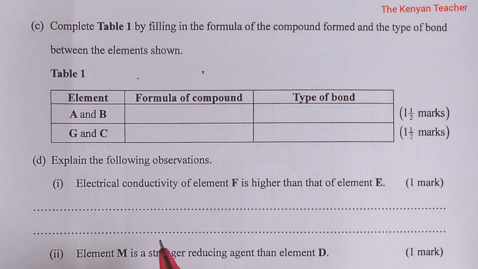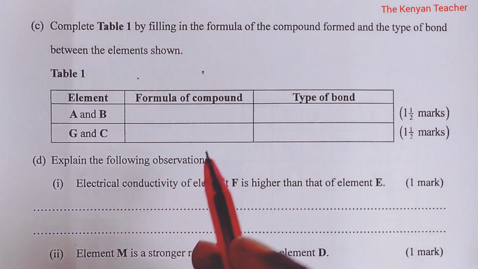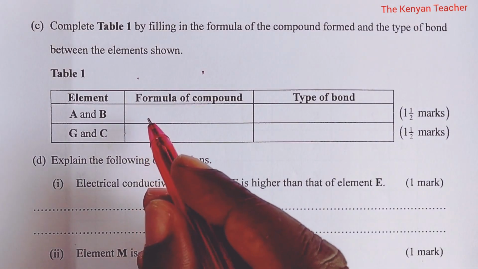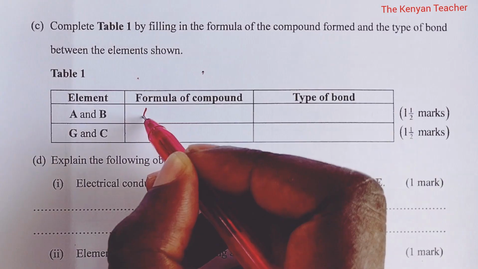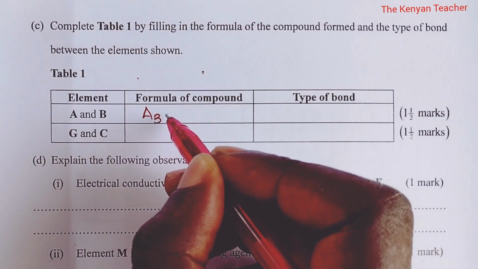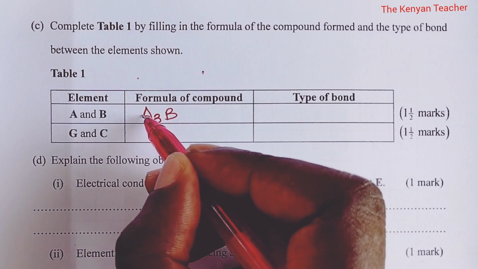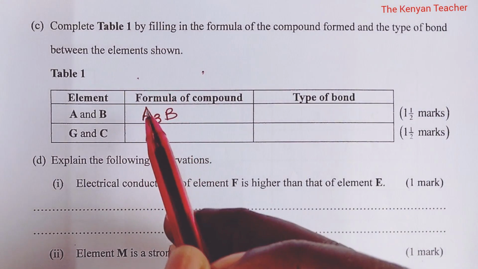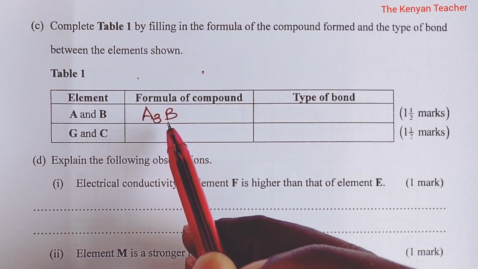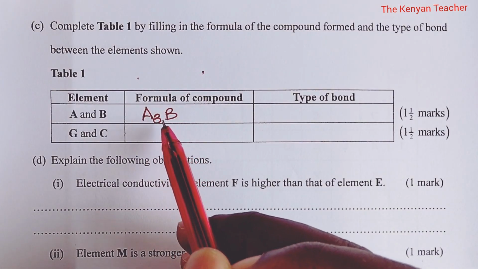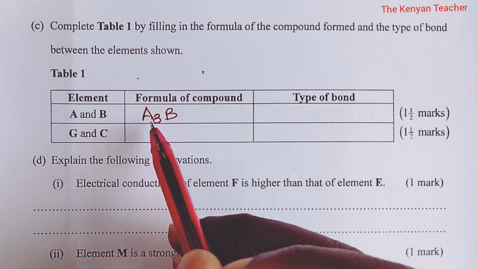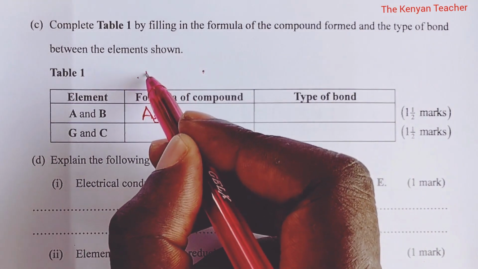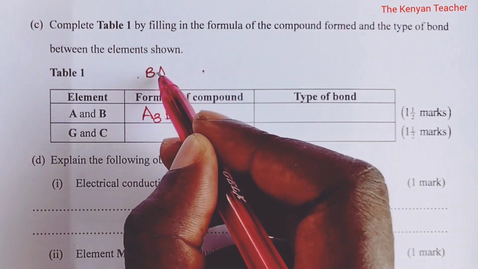Formula of the compound formed between A and B, we have agreed is A3B. One thing that candidates should also know is that as you write this formula, we usually start with the more metallic element. I know some of you might be thinking of writing B A3.